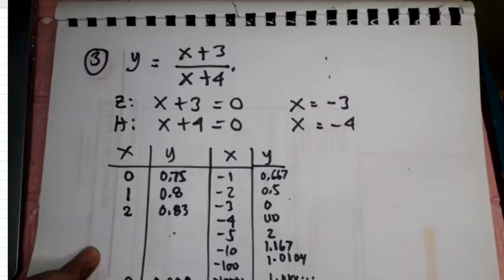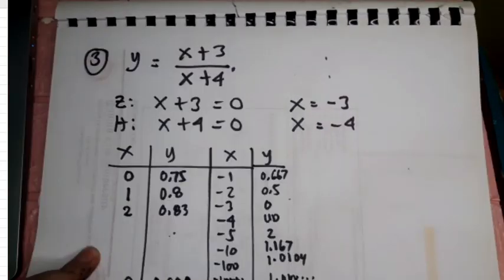We have negative 1, that is positive 0.67, no? And if we have negative 3, that is 0.